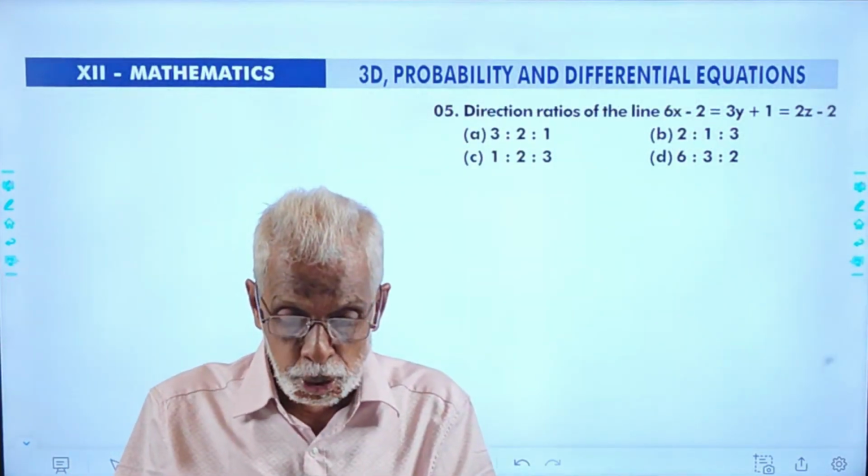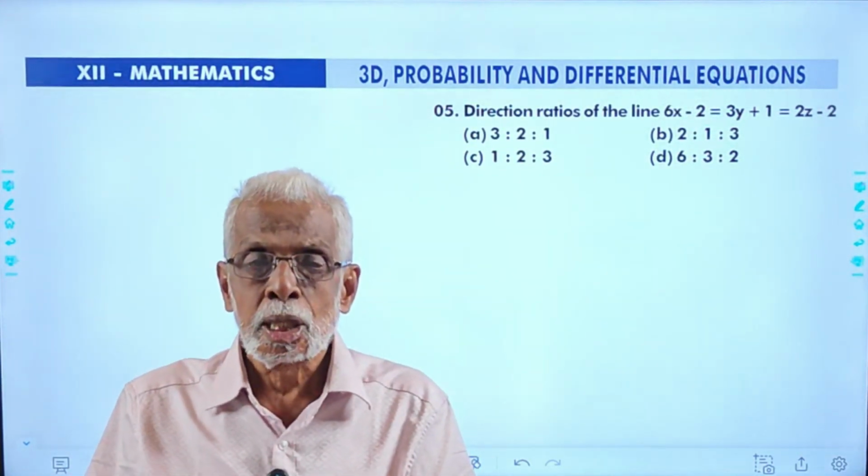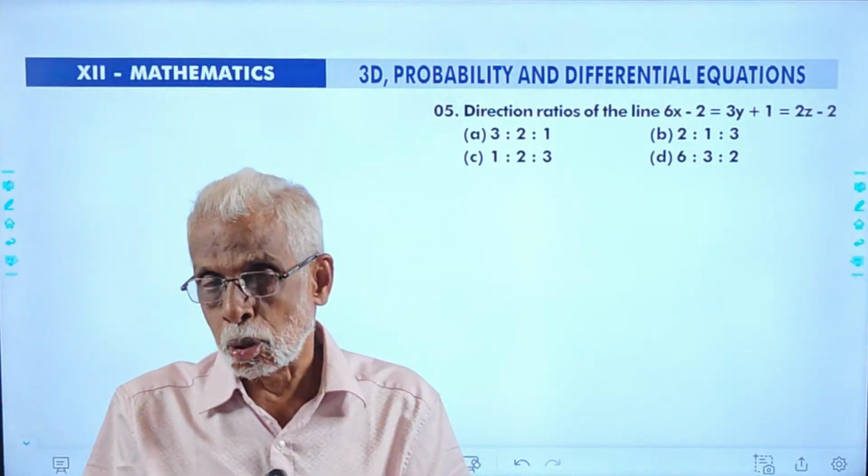The fifth question is the direction ratios of the line 6x minus 2 equals 3y plus 1 equals 2z minus 2.